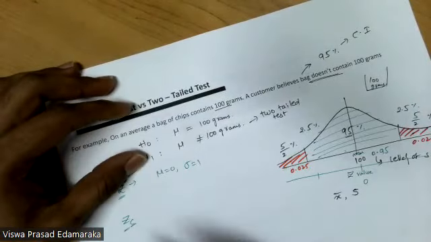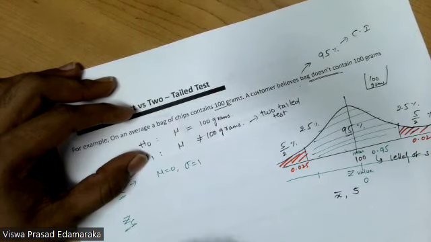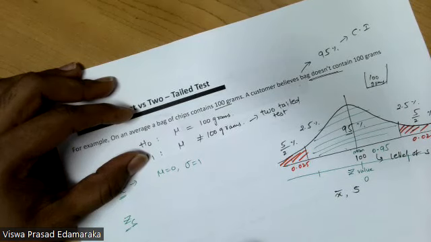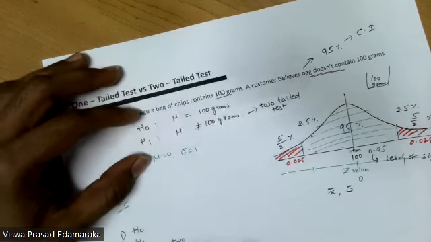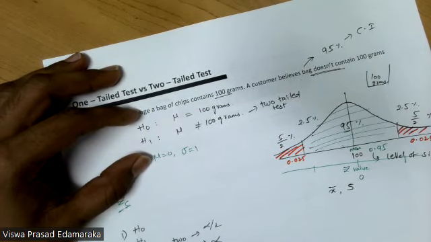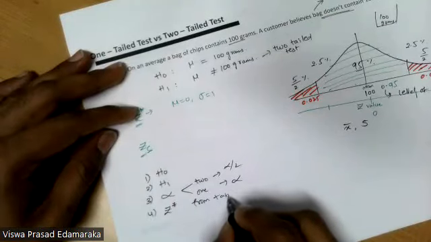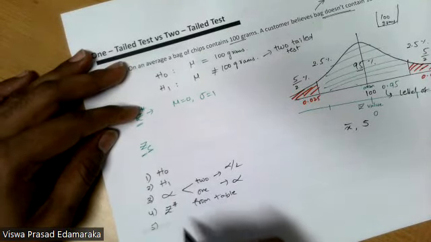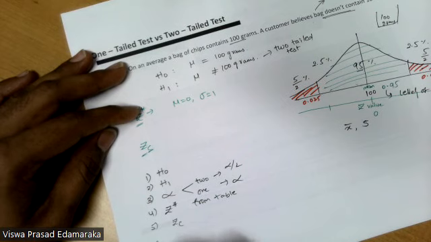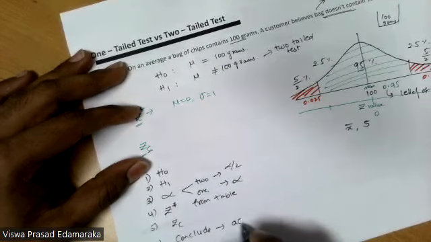Let's revise the steps. One is the null hypothesis, then the alternate hypothesis, then the level of significance. Here we decide between a two-tail or one-tail test: for two-tail it is alpha by 2, for one-tail it is only alpha. Then Z star, which is from the table, and we calculate ZC, and finally we conclude whether to accept or reject.